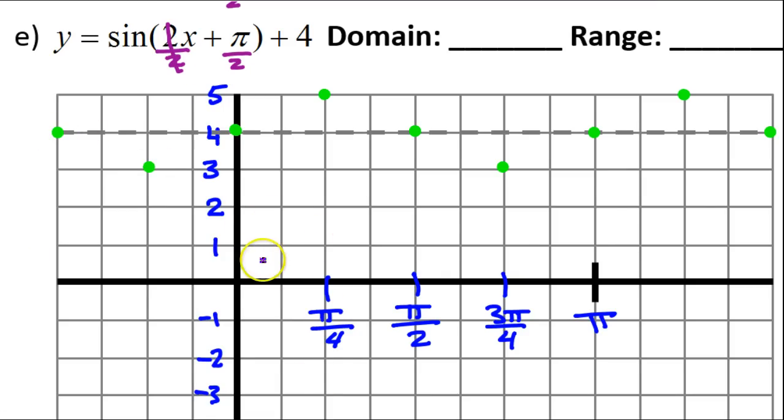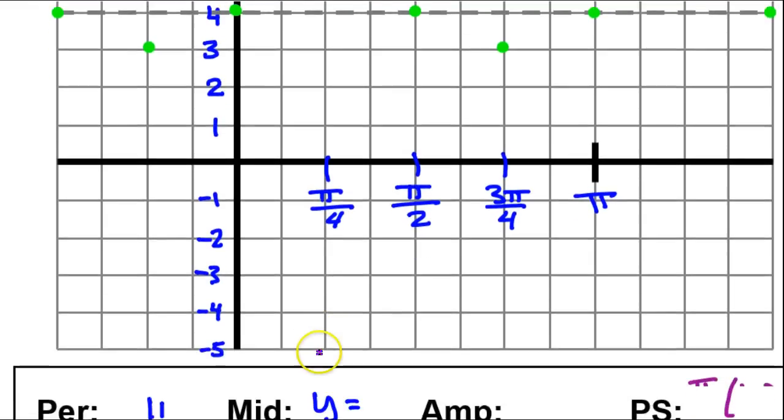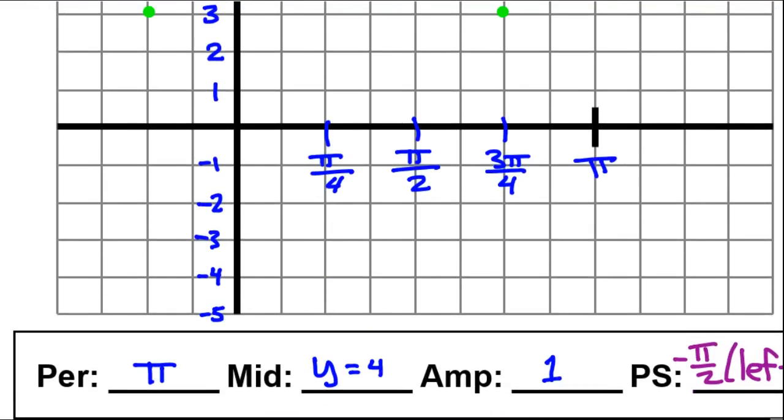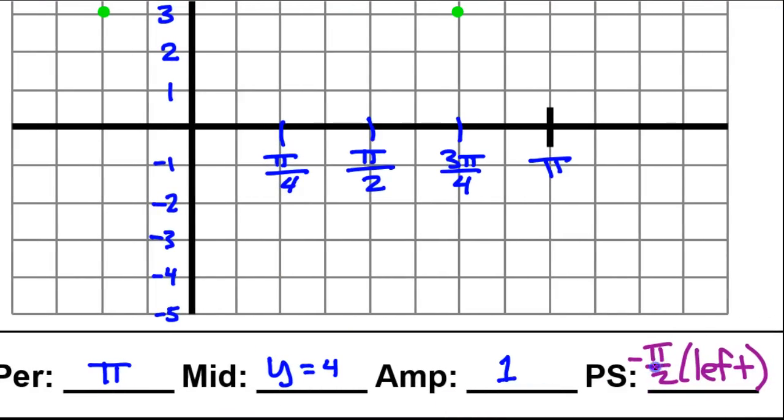Now remember, the phase shift tells us that we have to go pi over 2 to the left. Now look where pi over 2 is. This is pi over 2. Look how many squares that is. Alright, on this scale, pi over 2 is 4 squares.